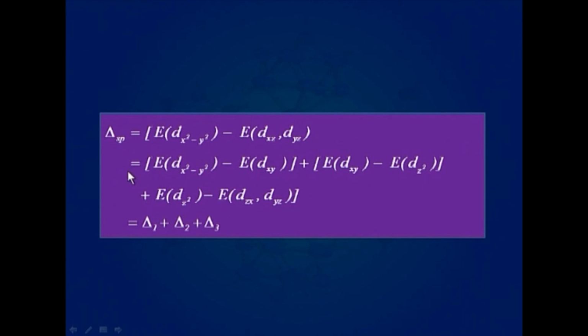This will be equal to energy of dx square minus y square minus energy of dxy, plus energy of dxy minus energy of dz square, plus energy of dz square minus energy of dxz and dyz. This will be given as delta 1 plus delta 2 plus delta 3.